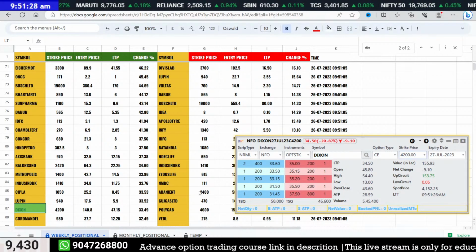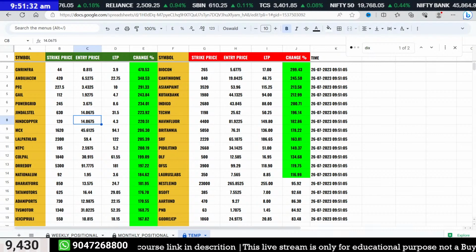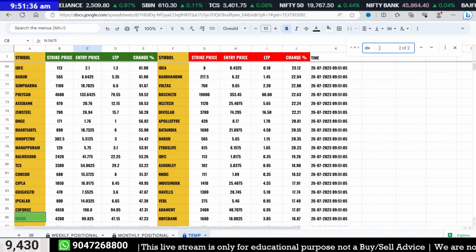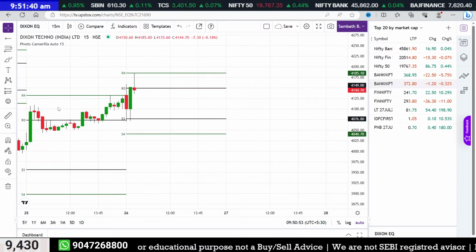Okay, so let me go to our temporary sheet. Dixon. Well, that also would be 4200 around 99. So maybe we don't get so far away.